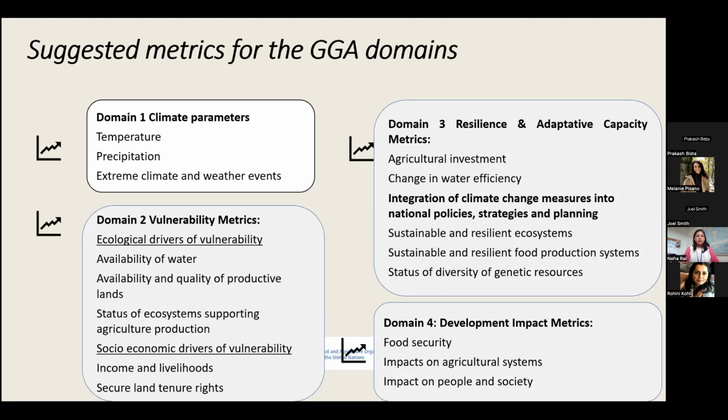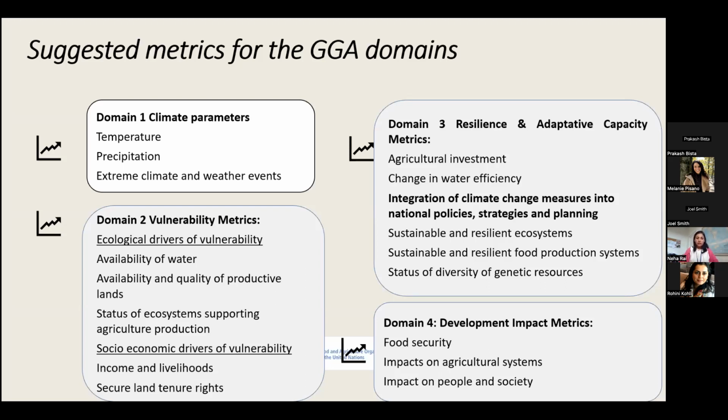For example, as one of our presenters already mentioned, if food security is one of the dimensions of development impact, and it hasn't worsened in the context of changing climate, it implies adaptation solutions have helped in maintaining incomes and making farmers and communities less susceptible to falling down the poverty line. And that's how vulnerability is such a good predictor of development impacts. And these indicators of ecological and socioeconomic metrics can really help in assessing vulnerability reduction.